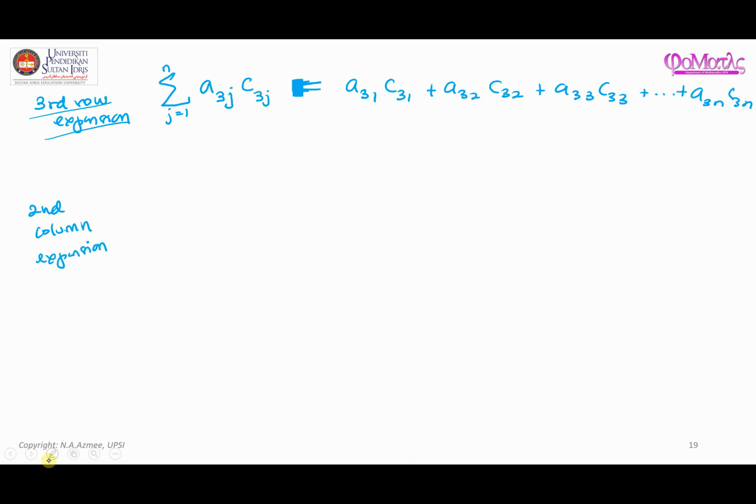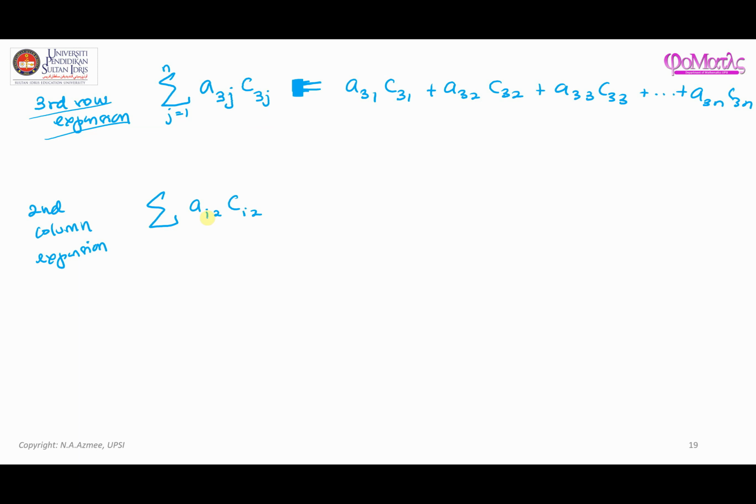So how can we write that process in a mathematical form? You're going to expand it according to the second column. Therefore, this is going to be a sum over i, because i is going to keep on changing, but the column is going to remain fixed. So here we have the second column, Ci2.